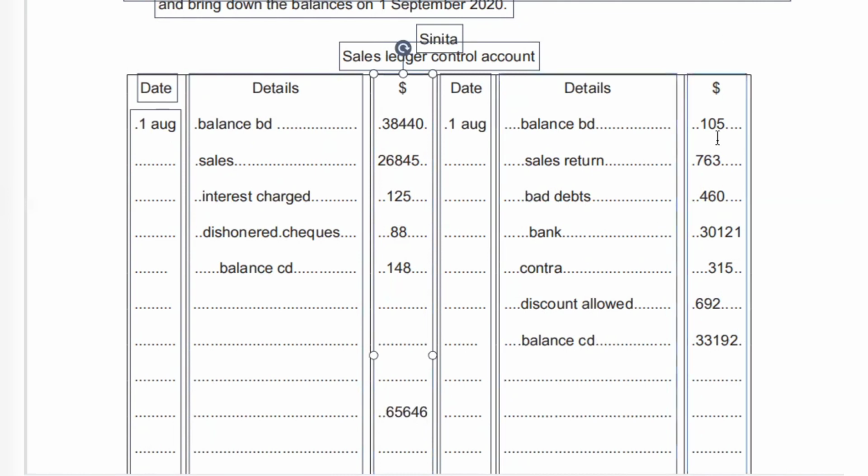So we'll deduct 105 from 65,646: 65,646 minus 105 minus 763 minus 460 minus 30,121 minus 315 minus 692 equals 33,192. Then we have balance b/d of 148. Balance b/d of 33,192.